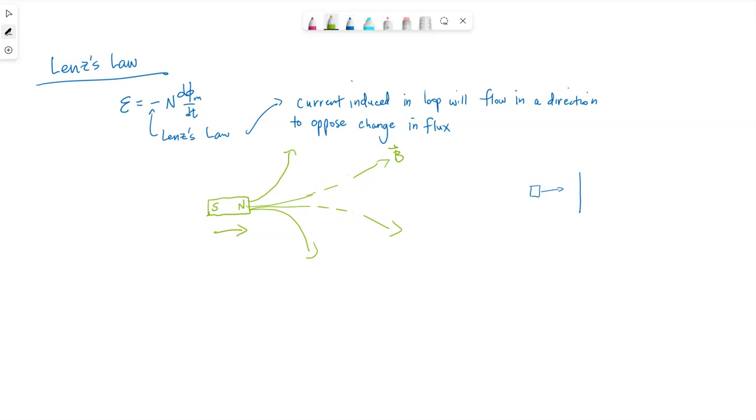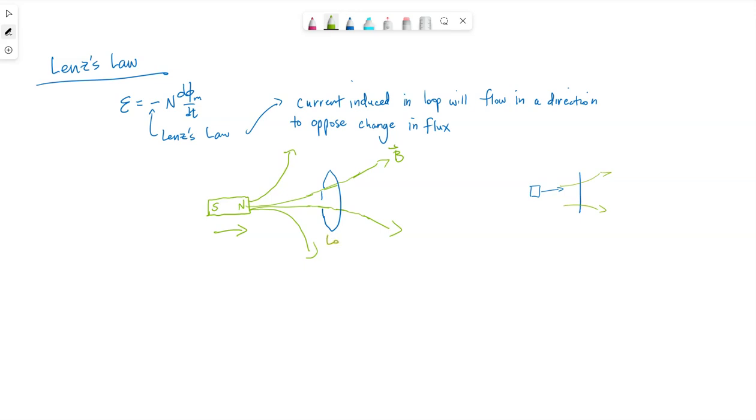Let's try though. So our loop that we're putting this into is oriented like this. At the moment I'm only seeing 2 of the magnetic field lines that I've drawn passing through that loop of wire.